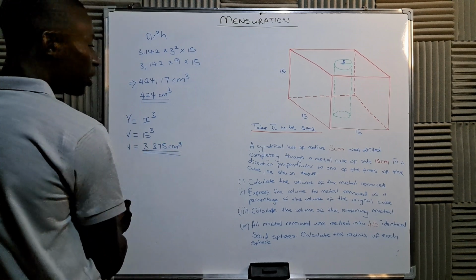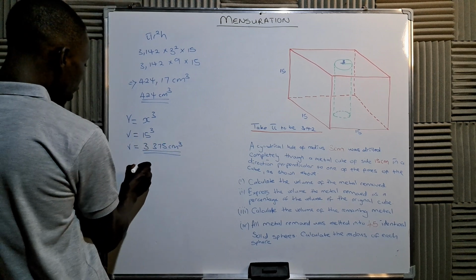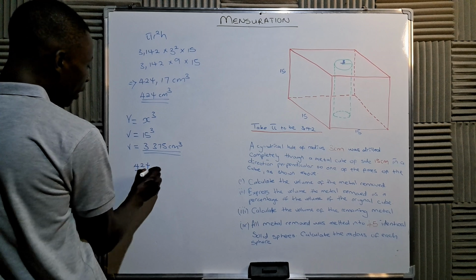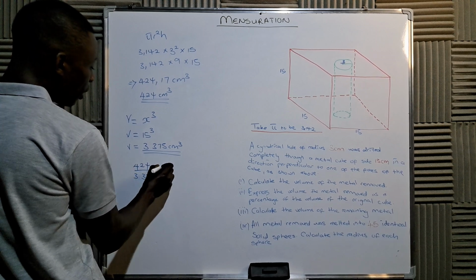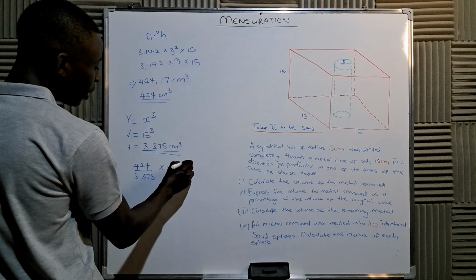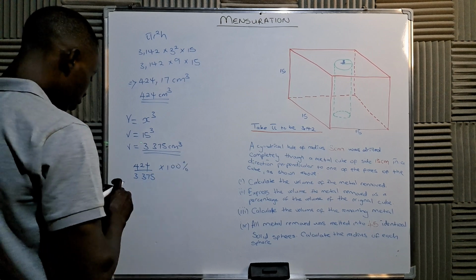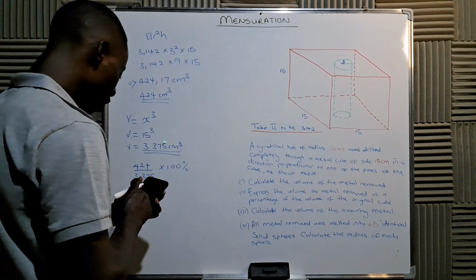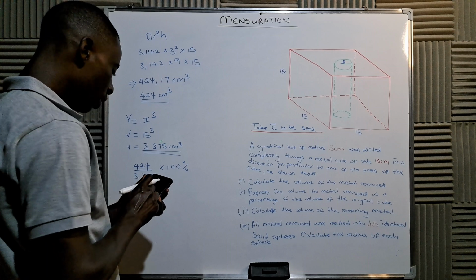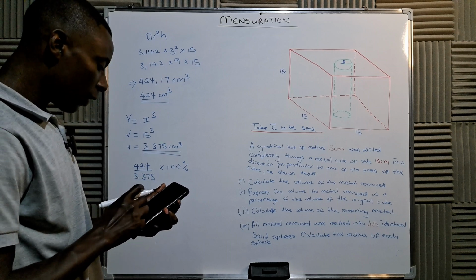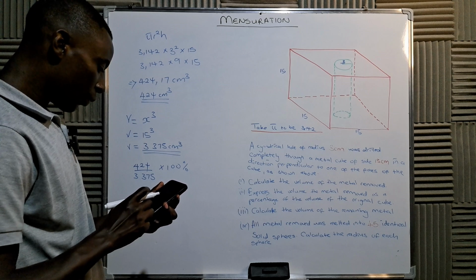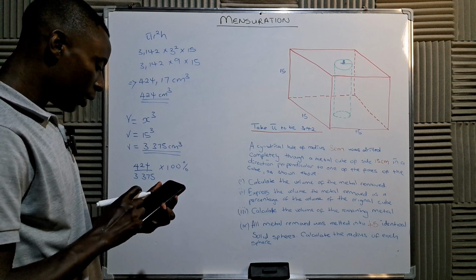And now let us write down 424 divided by 3,375 times 100%. So here it's 424 divided by 3,375 times 100%.